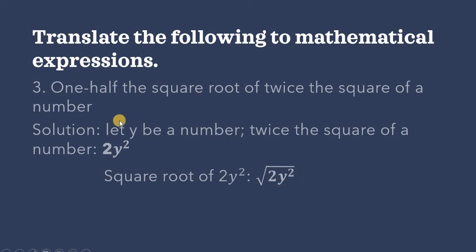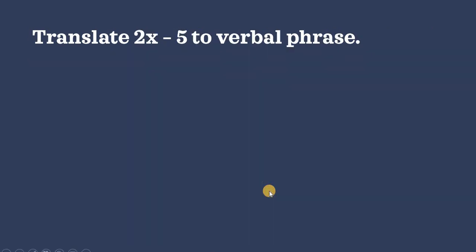What is missing is the 1/2, so we use multiplication: 1/2 the square root of 2y squared. Of course, that is not yet our final answer. Let's simplify: 1/2 times the square root of 2y squared is equal to the square root of 2y squared over 2.